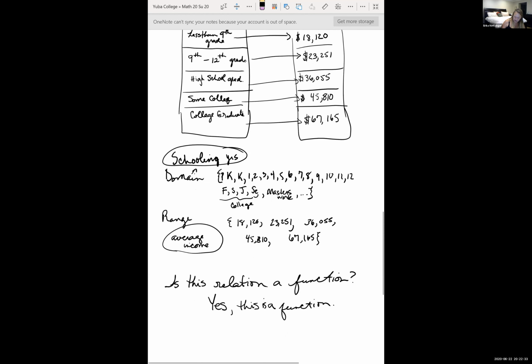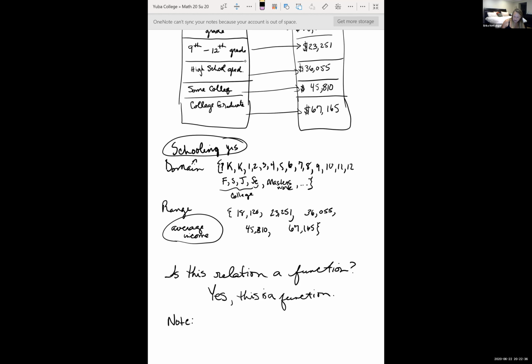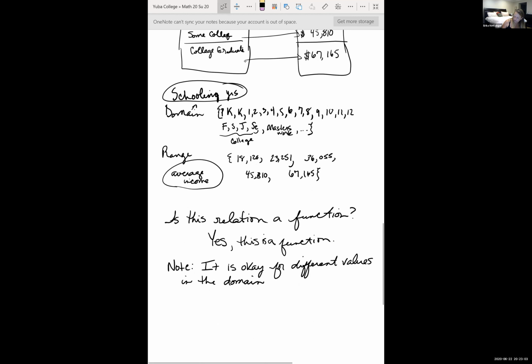And so I just wanted you to know it is okay for different inputs, or different values in the domain, to give you back the same output, the same value in the range.